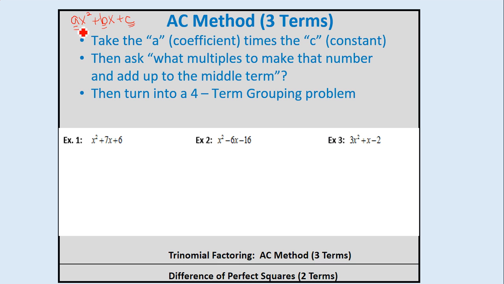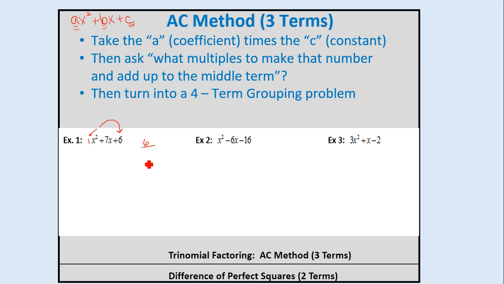The A is in front of the x squared, the B is in front of the x, and the C is the constant at the end. So if I need to take the A times the C to follow these directions, the A would be the number in front of the x squared, which would be 1, and we're going to multiply that times the C in the back. So we're going to take 1 times 6, and that gives me the number 6.